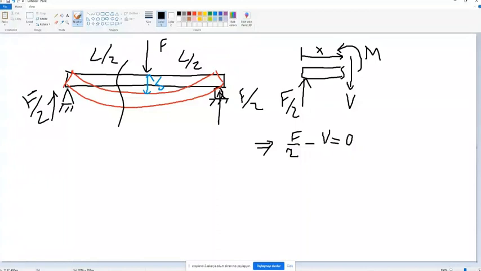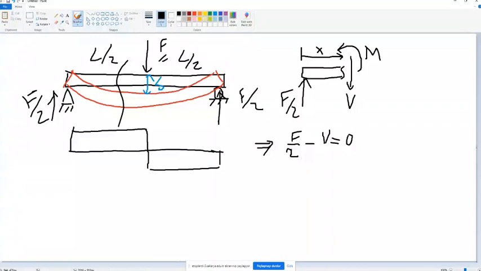And because there is nothing changed from the beginning till the F force of the middle zone, the force F over 2 continues without any change till F. And F will come to the system, cut to the bottom. It will be now 0, and then it continues to cut F over 2 again. So we will have F over 2. This is the shear force diagram.